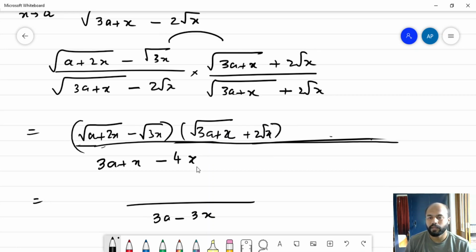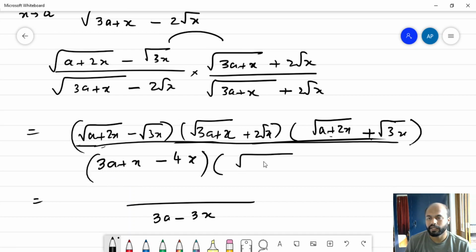And now I'm going to multiply with the term root over of a plus 2x plus root 3x, this term in the numerator and denominator. That is double rationalization. So 2 times we are rationalizing this.